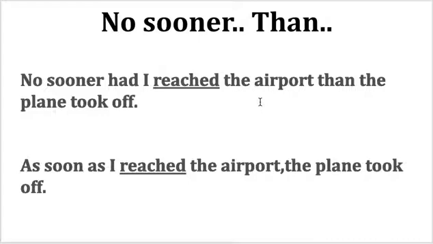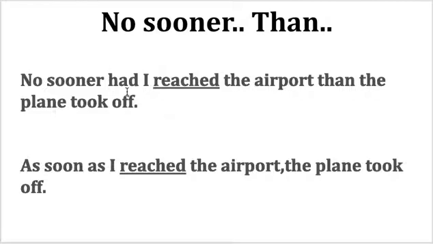The first activity is that you have reached the airport. When we use "no sooner", we have to use the helping verb "had", and we use the subject right after the helping verb. So it can be "had I", "had he", whatever. So "had" comes first. No sooner had I reached the airport than the plane took off.